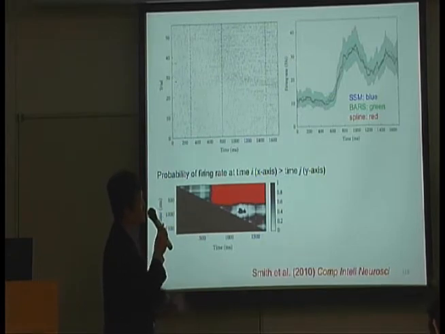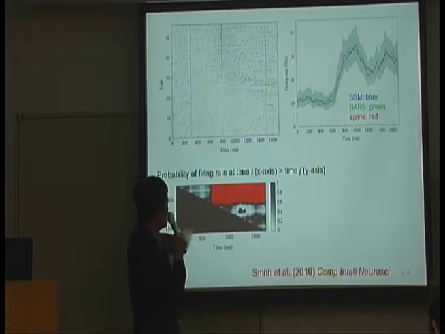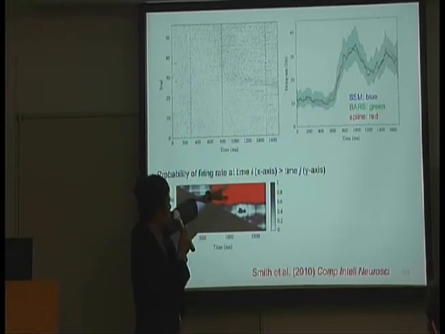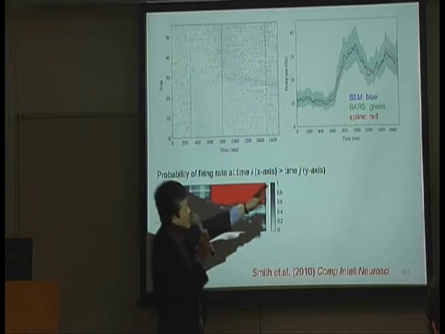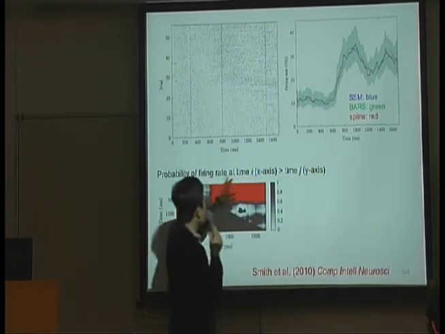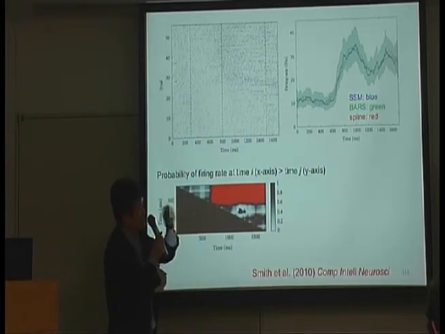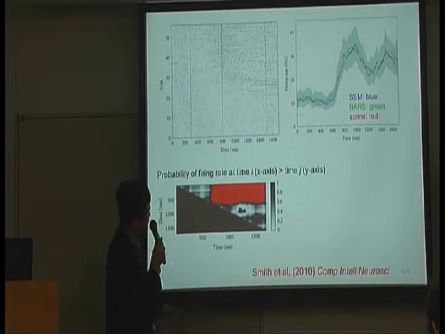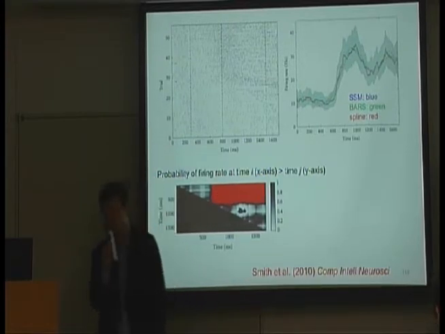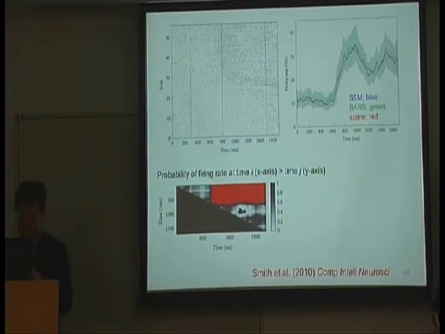Based on that, you can make a lot of statistical statements: because you have a constant interval, at any time point on this axis, you pick two points, what's the probability the firing rate at one is greater than at the other time point? Then you can construct a matrix like that and have this plot.